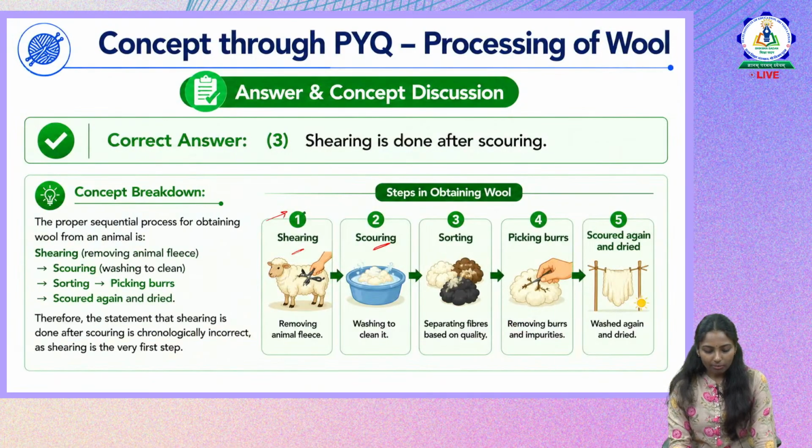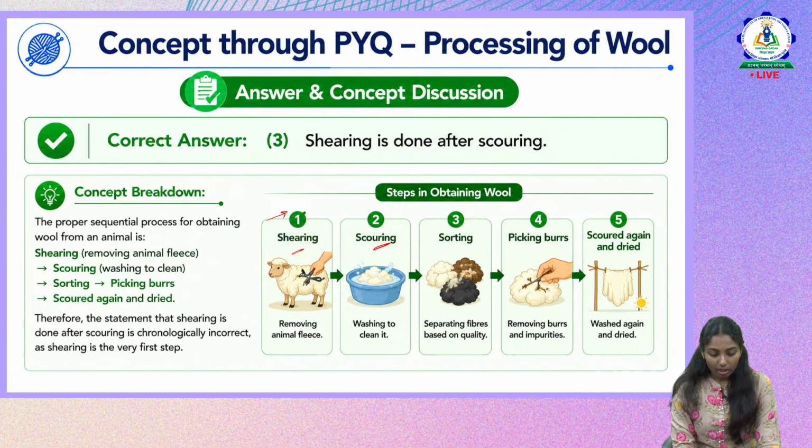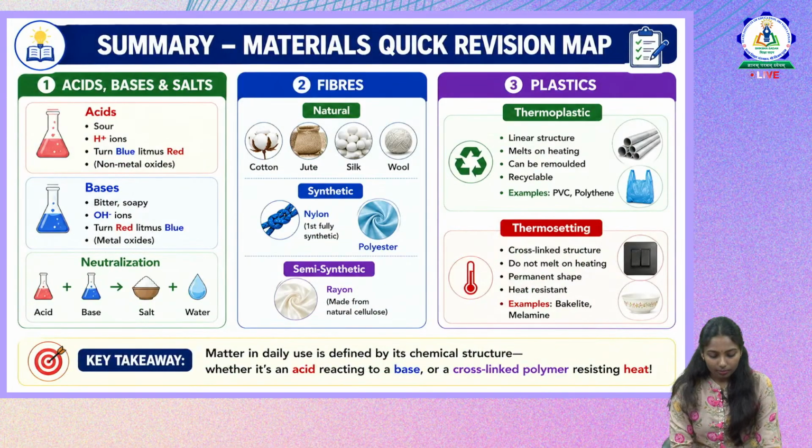So now we have come to the end of discussing the PYQs. Let us just sum up the things we have learned. We have talked about acids, bases and the indicators, how each indicator behaves differently in acidic medium and basic medium. We talked about the indicators turmeric, China rose, phenolphthalein.